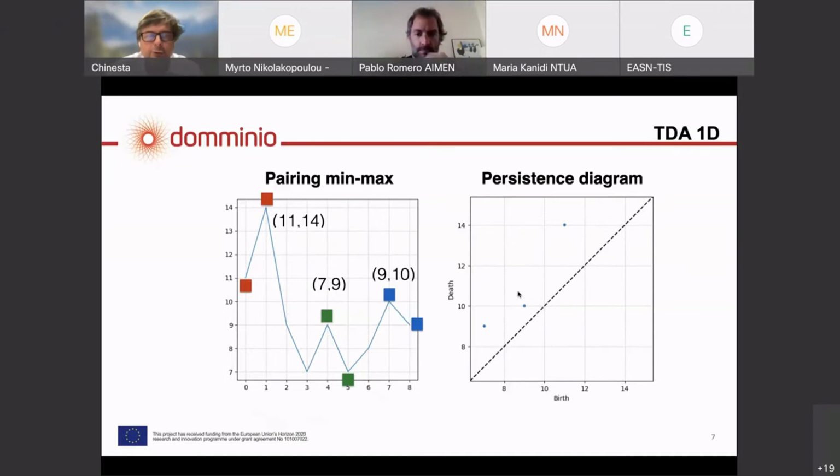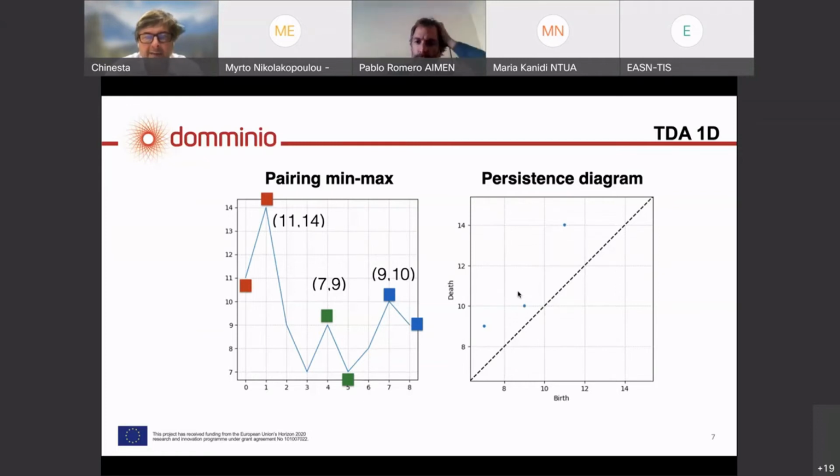How does it proceed? It takes a rugged surface, and at each local minimum and local maximum that are neighbors, like the red, green, and blue square, we isolate the min and the max. And we have different couples, min max, min max, min max.